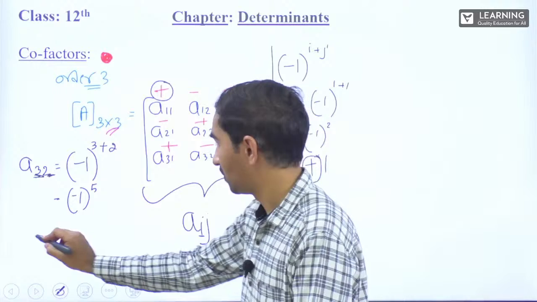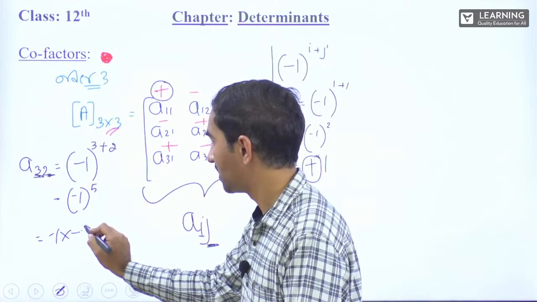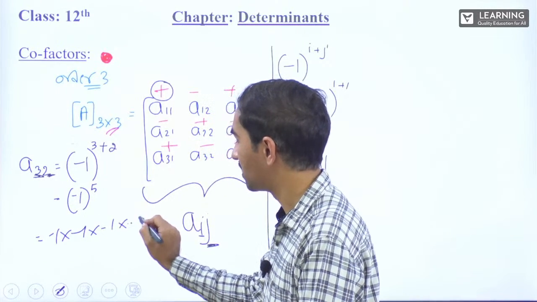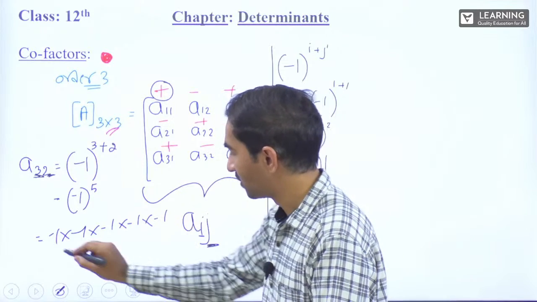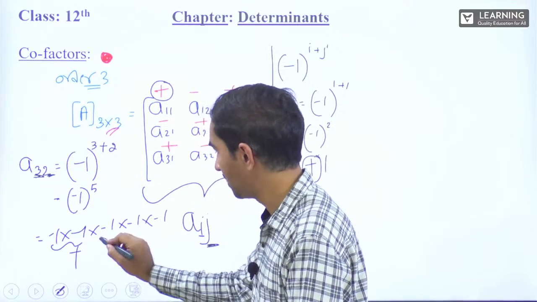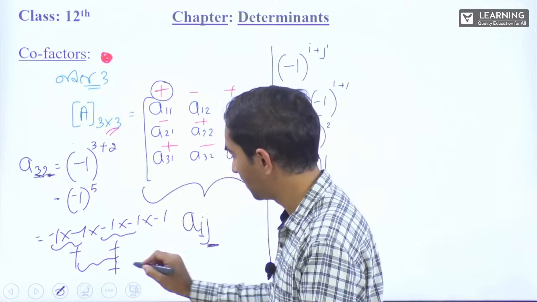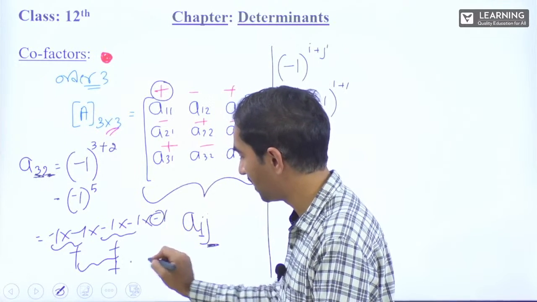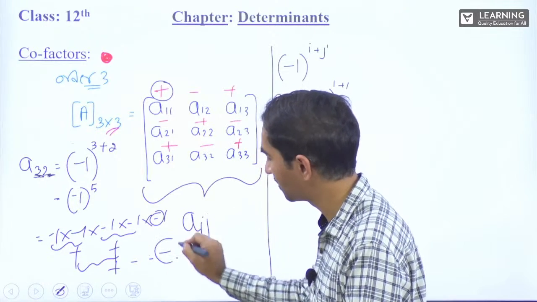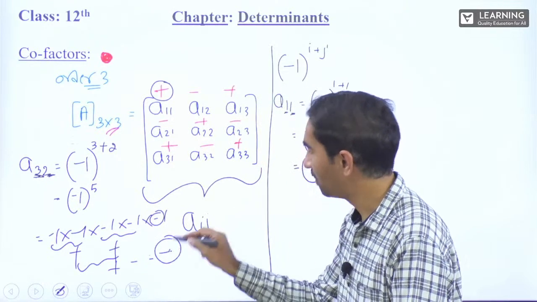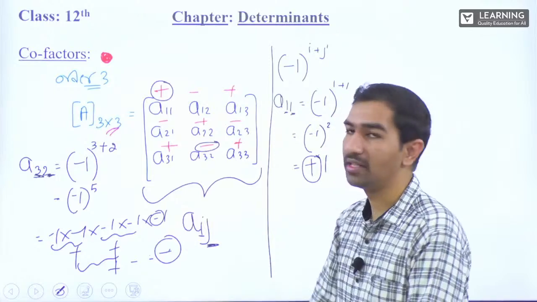Correct? So that is minus 1 into minus 1 into minus 1 into minus 1 into minus 1. Minus into minus is plus, minus into minus is plus, plus into plus is plus, plus into the other minus is equal to minus. So therefore this would be the cofactor of A32.